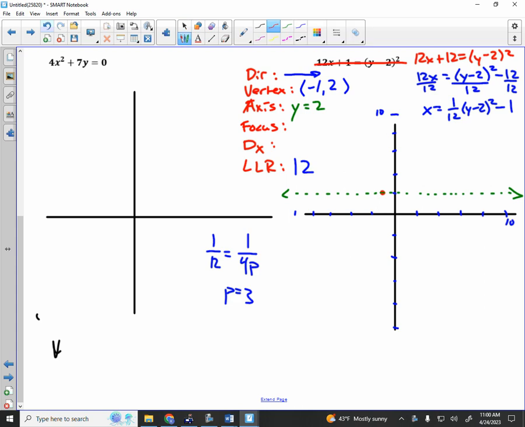In order to identify the focus, we need to know P. We've already found that P is equal to 3. So what do I do now? 3 units, yeah. So 1, 2, 3. Remember, each tick mark is 2. So that location is (2, 2). And I'll move 3 units the other direction.